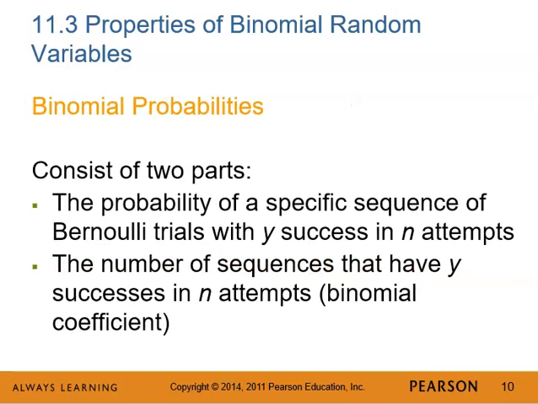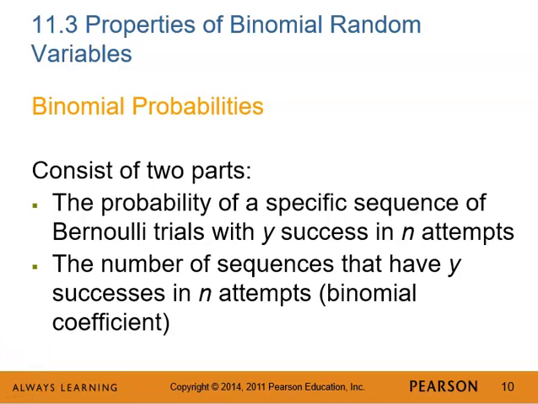Alright, so in the next slide, we're talking about binomial probability that consists of 2 parts. It consists of the probability of a specific sequence of Bernoulli trials with Y successes in n attempts, and the number of sequences that have Y successes in n attempts, or the binomial coefficient.